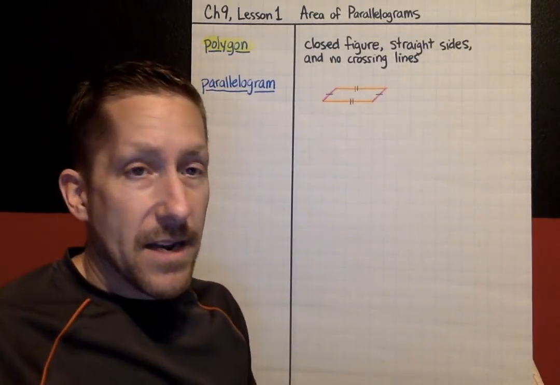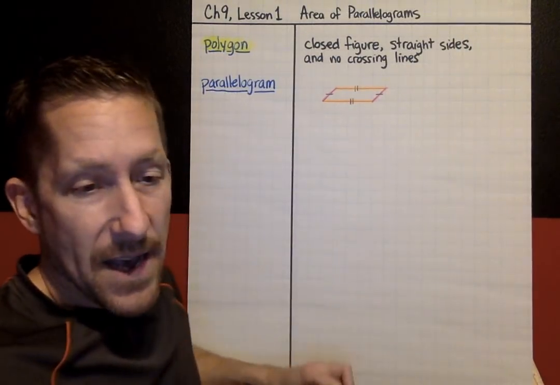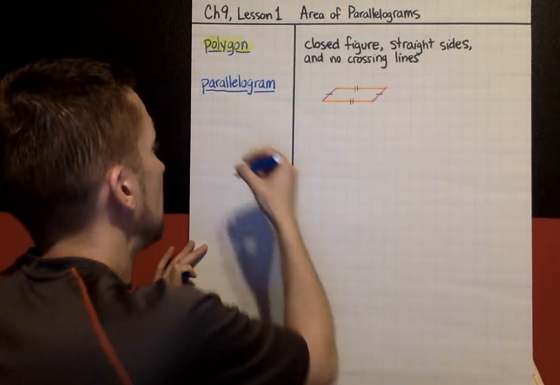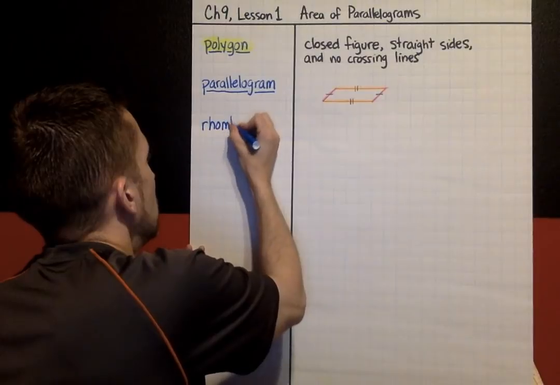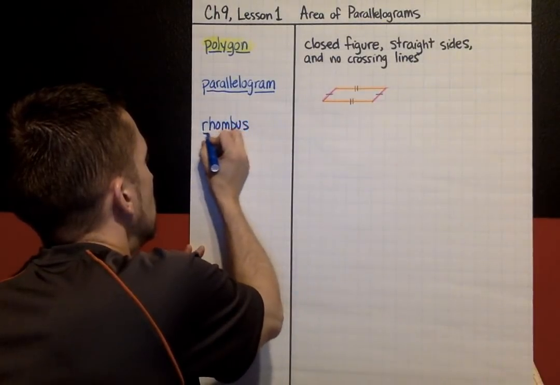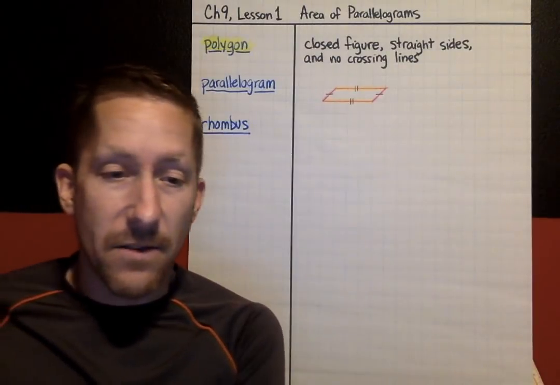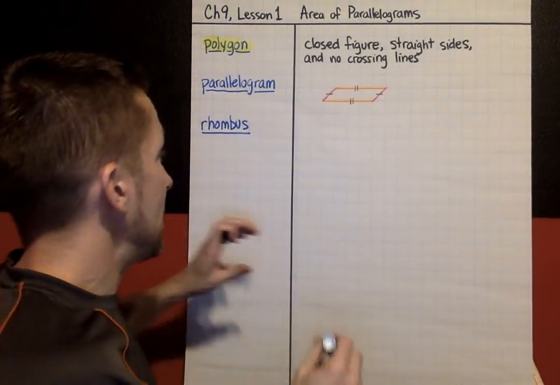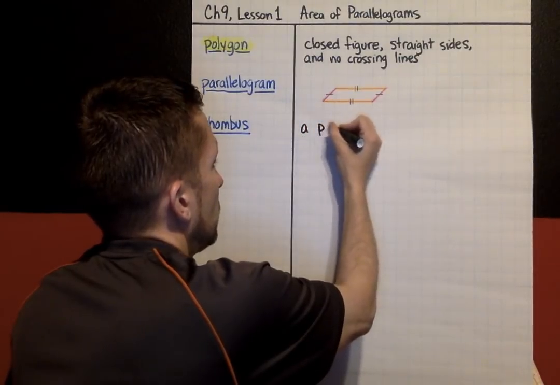Okay, another type of polygon, and actually a type of parallelogram, is a rhombus. Now, a rhombus is a parallelogram with 4 equal sides. So, let's write that down.